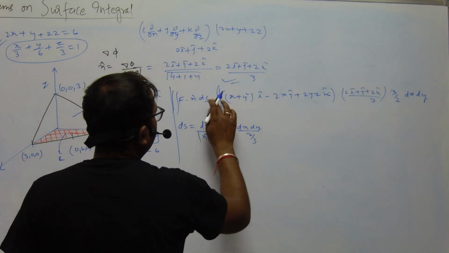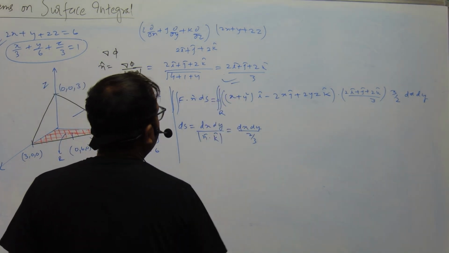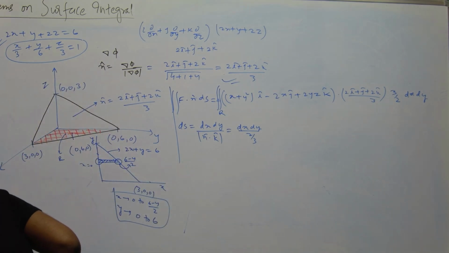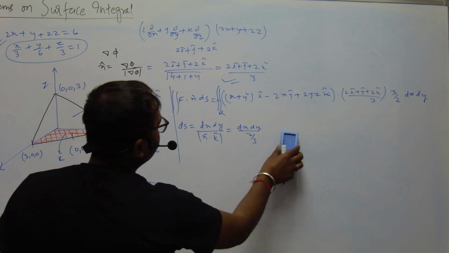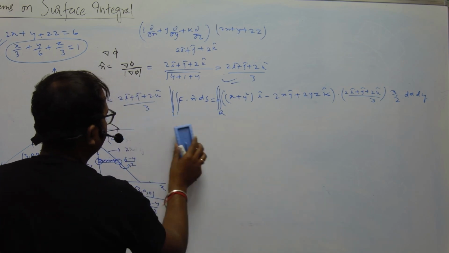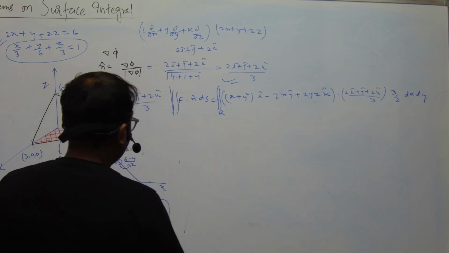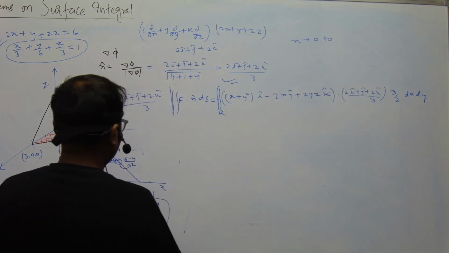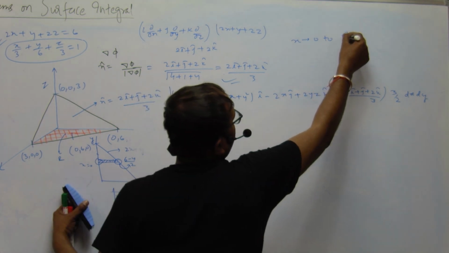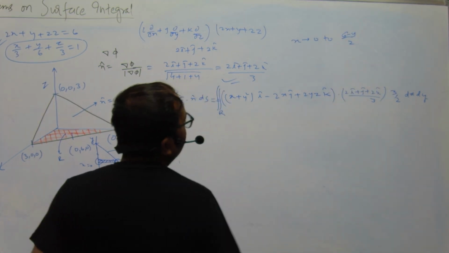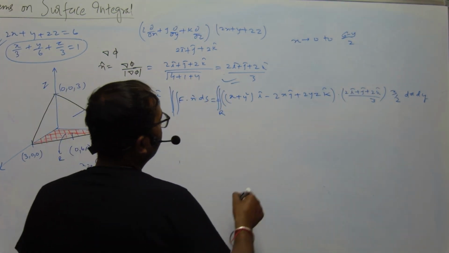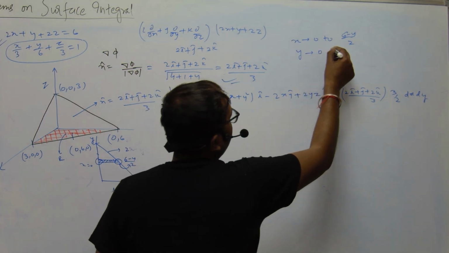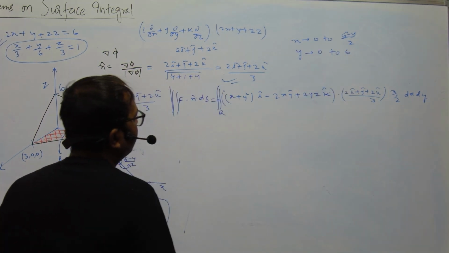Okay, let us find the integral. This is along region R, where x varies from 0 to 6 minus y upon 2, and y varies from 0 to 6. Let us further simplify this.